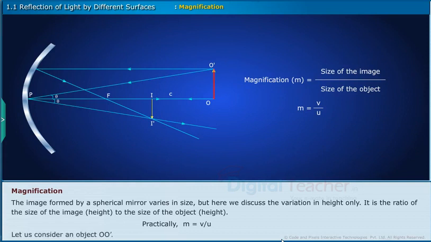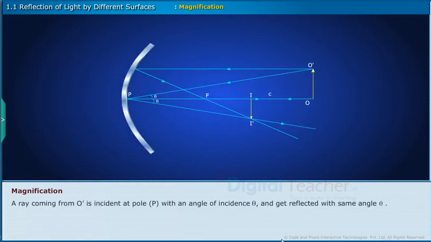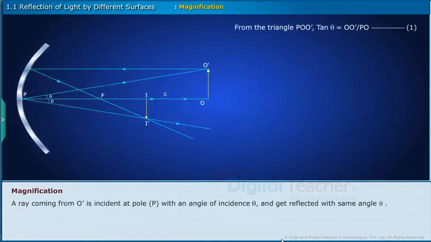Let us consider an object OO'. A ray coming from O' is incident at pole P with an angle of incidence theta and gets reflected with the same angle theta. From the triangle POO', tan theta is equal to OO' by PO. Consider it as equation 1.